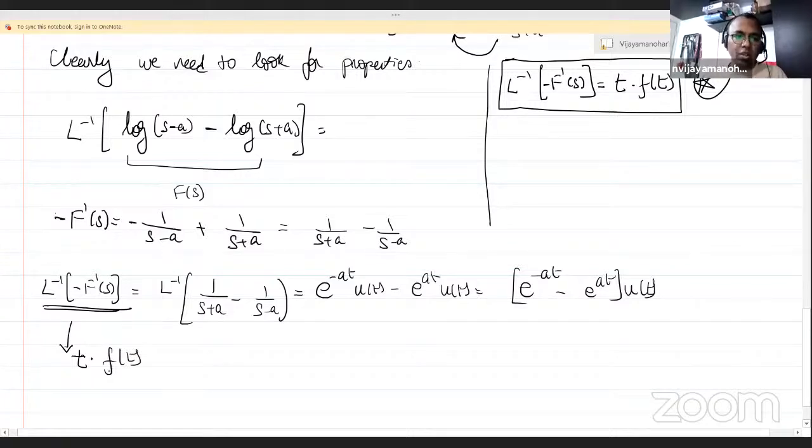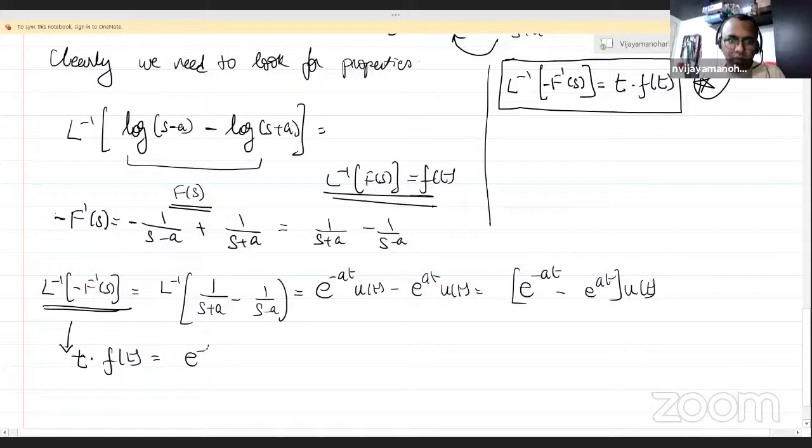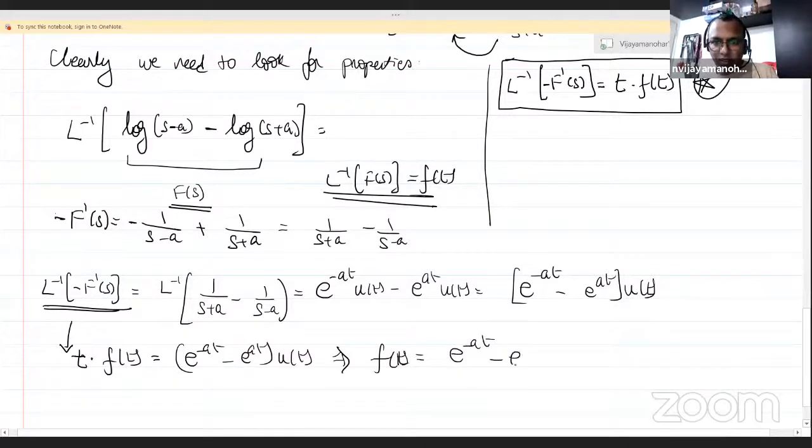I don't want t into f of t, I want f of t, because this is my f of s. Laplace inverse of f of s is f of t. So I need to use the property. This is e power minus at minus e power at into u of t, which implies f of t is e power minus at minus e power at, the whole divided by t, into u of t. So this is the solution.